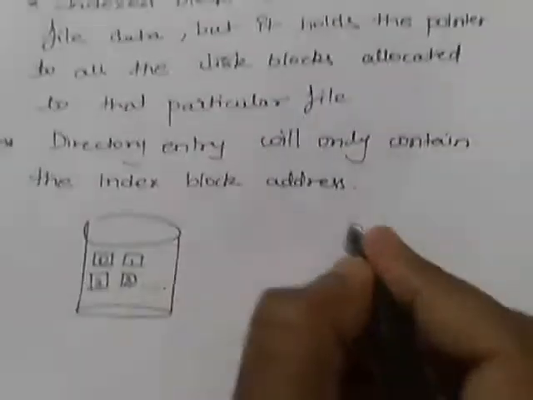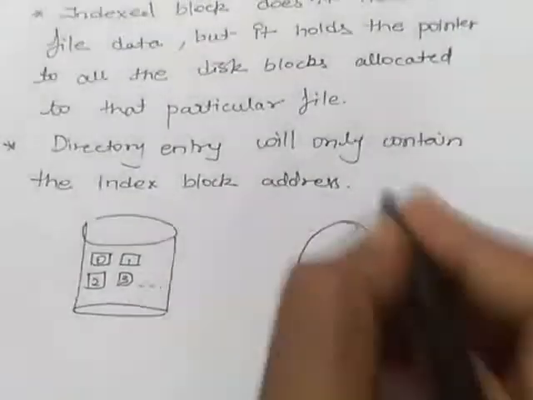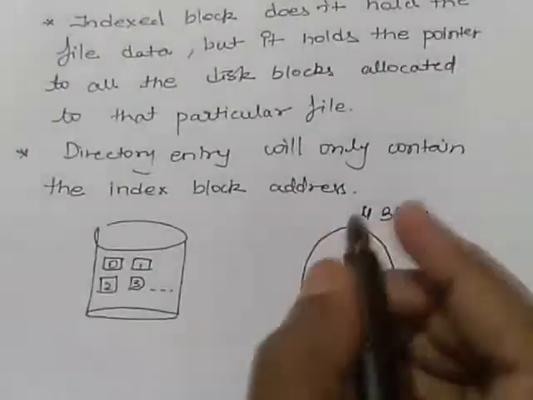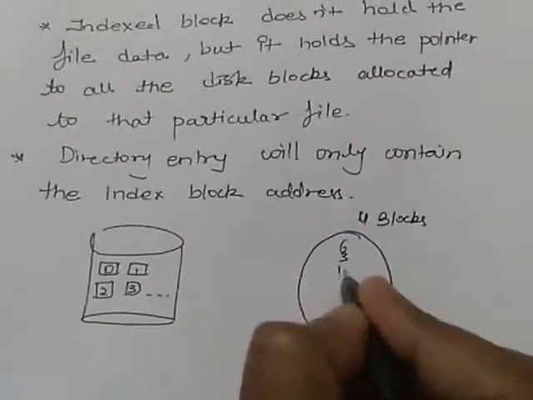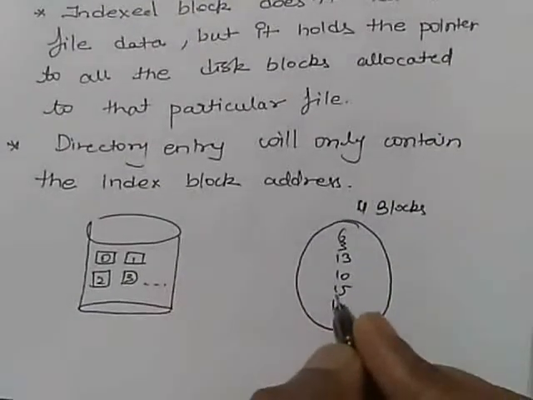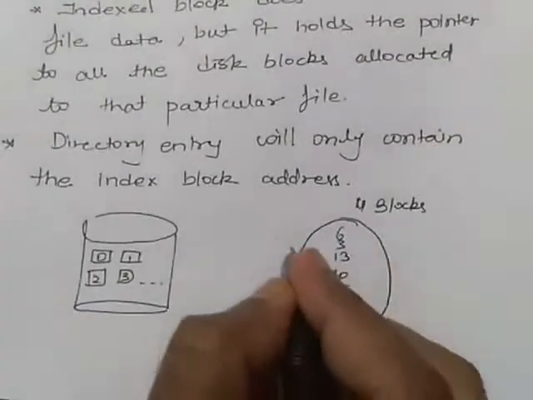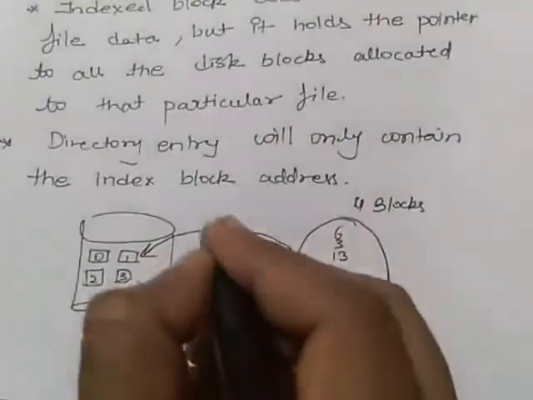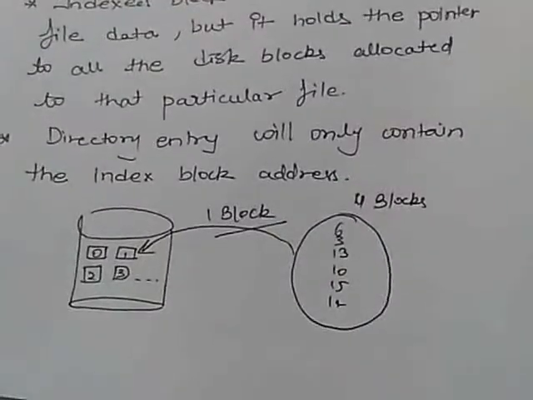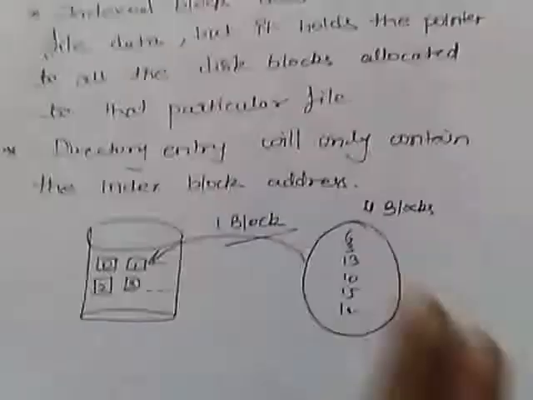So suppose we have these blocks, for example 6, 3, 13, 10, 15, 14. So all the information will be saved in one block in the indexed allocation. Now, let us understand some advantages and disadvantages of the indexed allocation technique.